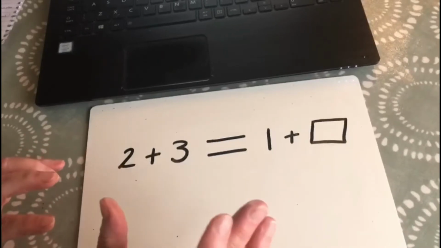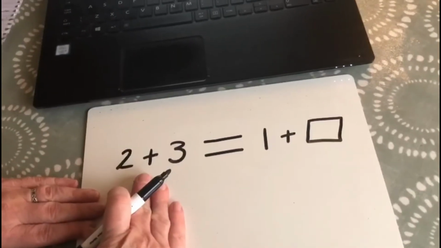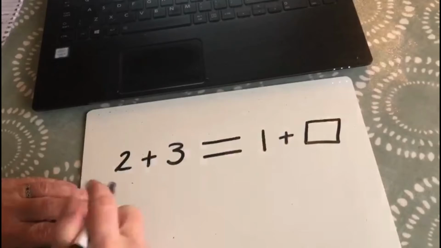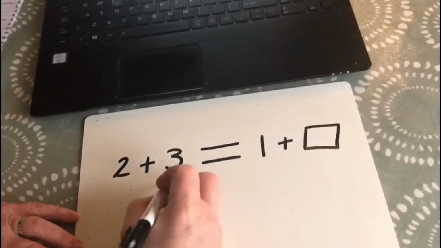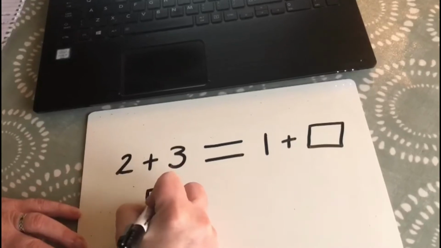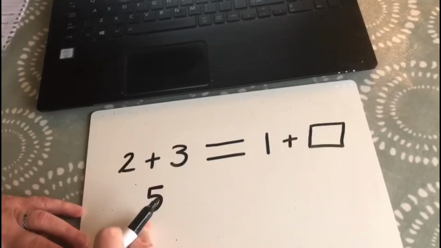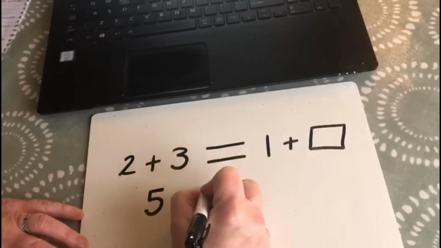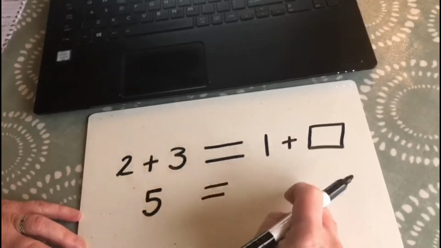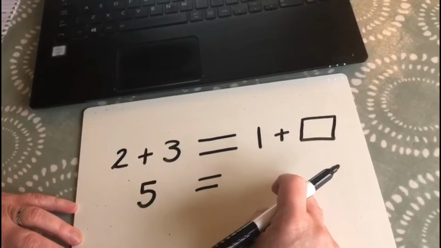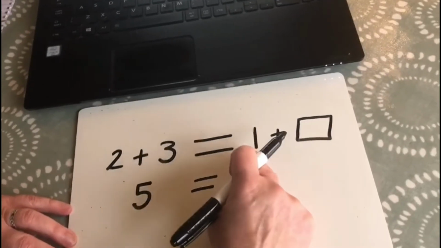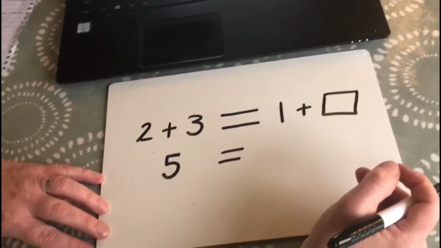So the rule is to remember, whatever you do to one side, you've got to do to the other side. So we know that 2 add 3, that's a number bond which makes 5. So if I've got 5 on this side, I need to make the other number sentence and the other side also equal 5.